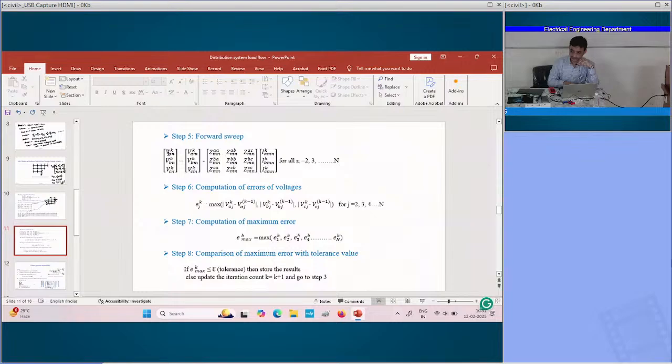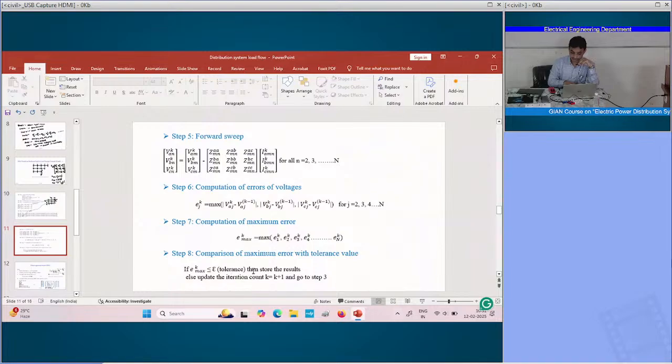The (k minus 1)th iteration voltage we have assumed, and now we have calculated the voltage for the kth iteration. From there we calculate the maximum mismatch. We can utilize this formula for all nodes, and then check whether this is less than the tolerance value or not.